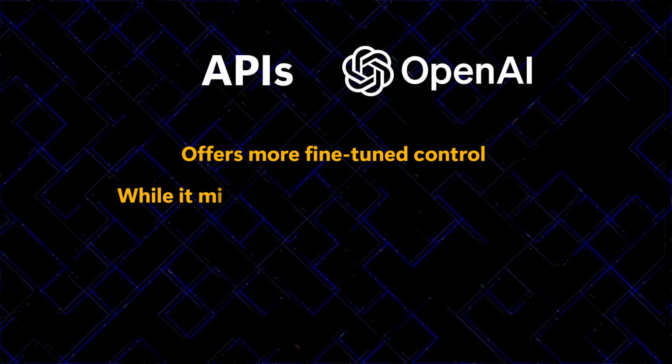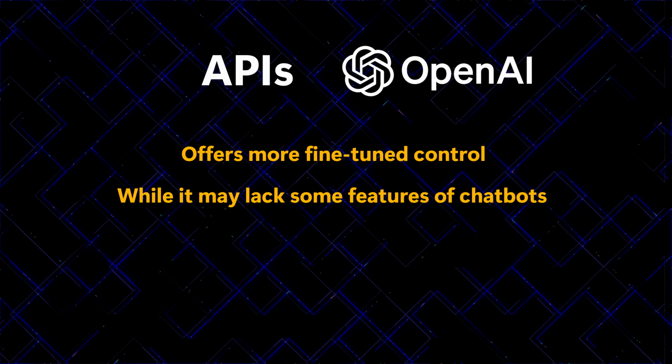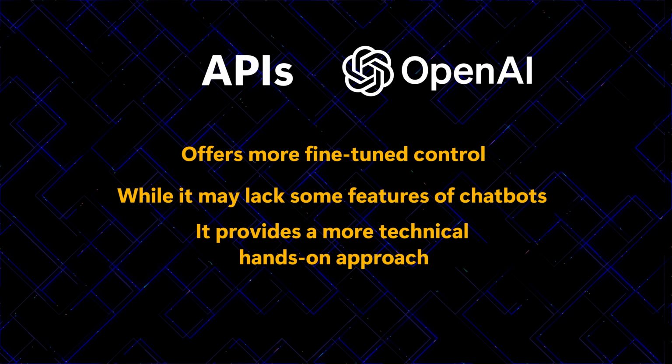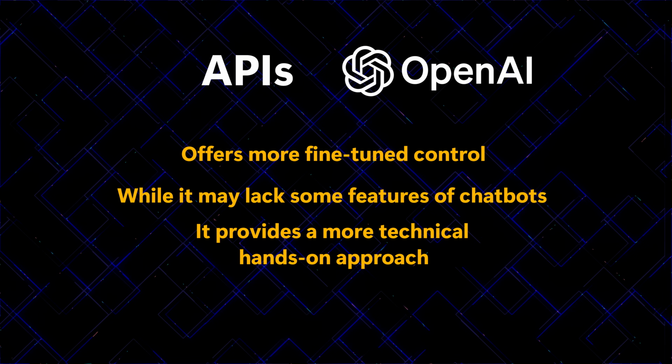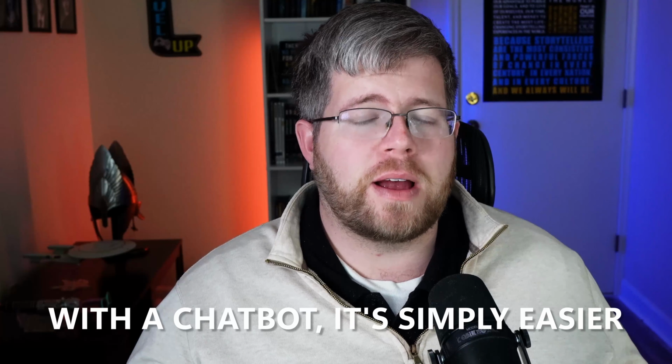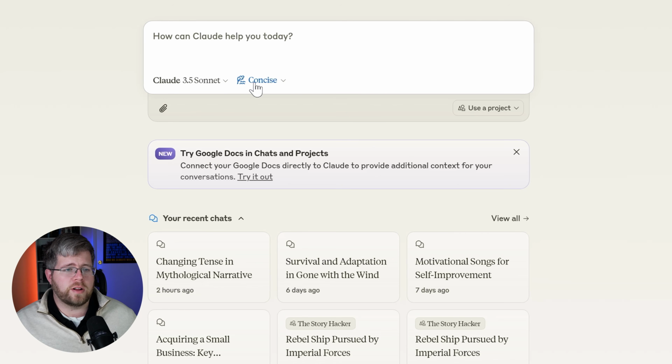Sometimes it's a better option that doesn't have all of the features that you get from the chatbots, but usually you get more control, a little bit more technical hands-on approach in the APIs. But when you come to the actual chatbot, sometimes it's just easier. And that's why I recommend it, especially if you are an author that doesn't have a lot of tech savviness, just going with the chatbot is often the best way to go. And so Claude is one of those that's particularly simple, and I like it because of that.